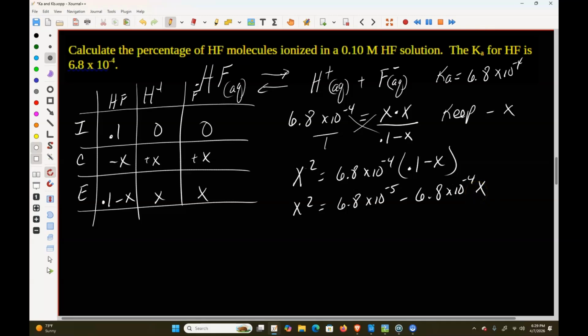Let's put this in quadratic form. So x squared plus 6.8 times 10 to the negative 4x minus 6.8 times 10 to the negative 5 equals 0.